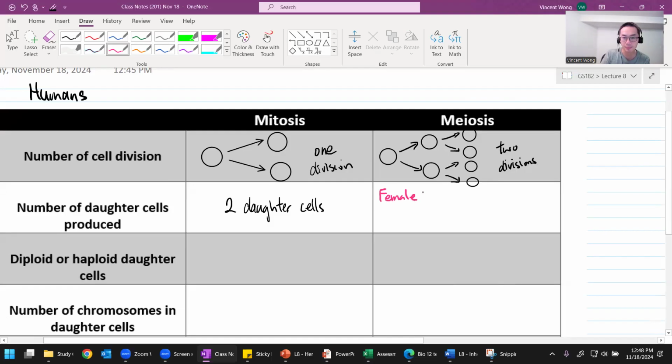For female, they will get one egg plus three polar bodies. I will explain what that means later. Okay, just copy it down first. And then for male, each meiosis will produce four sperm.